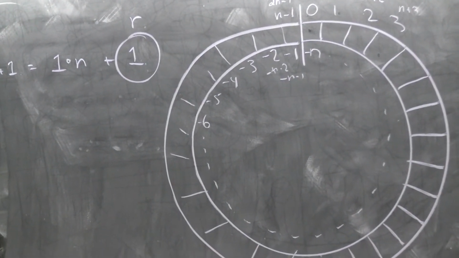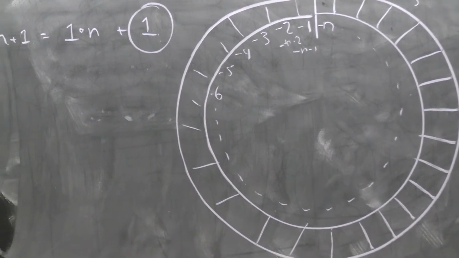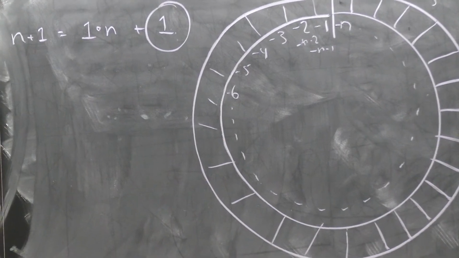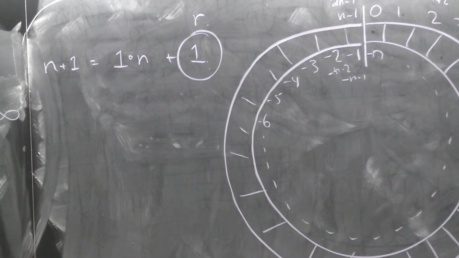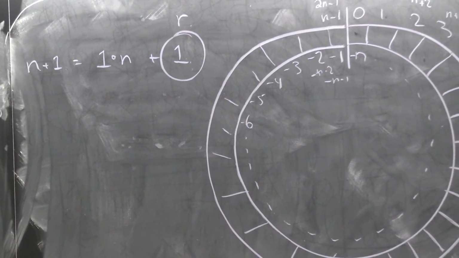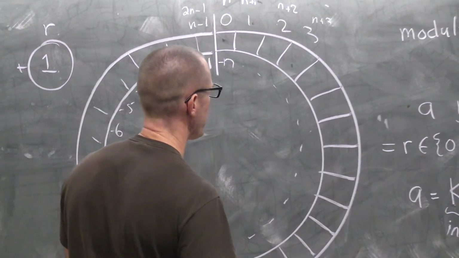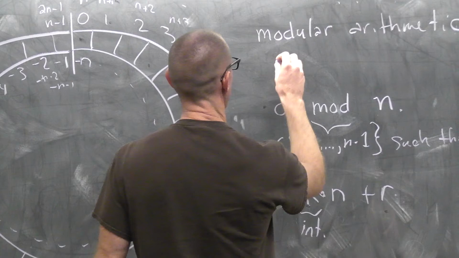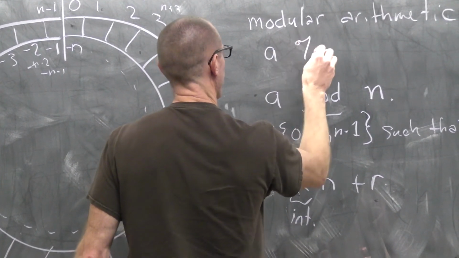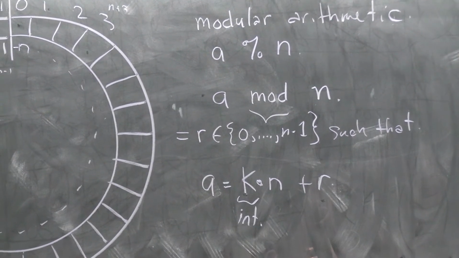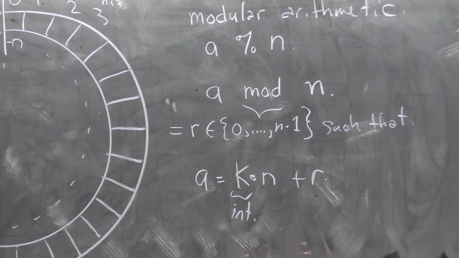In programming languages, how is this usually implemented? What symbol is used? Yeah, it's usually the percent sign for some reason. So in programming languages, you'll usually do a percent n. This is fine.